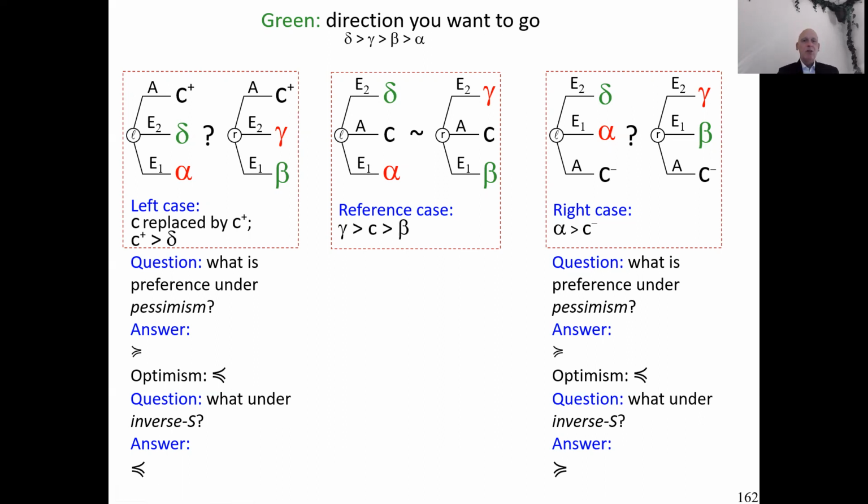Well, event E2 is an argument for going left, because there's green, there's the bigger outcome. So that means in the left situation, the only thing changed is that an argument for going left has been reinforced. Therefore, we say a pessimist in the left situation will prefer the left prospect. Okay, for optimism, we can do the same reasoning for inverse S or likelihood insensitivity. Everything goes the same way as risk, same critical test, and I will not discuss it any further.